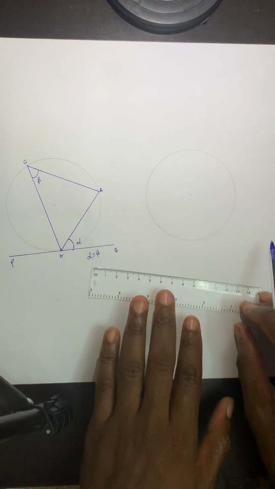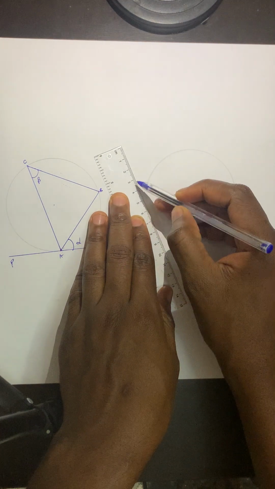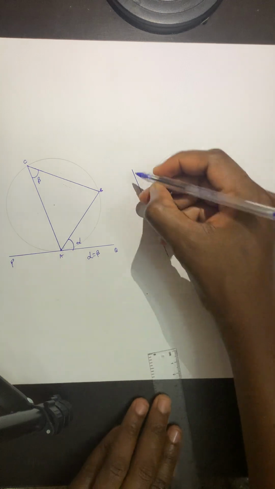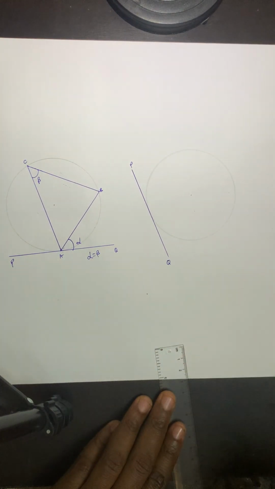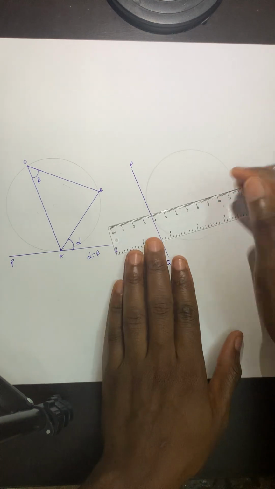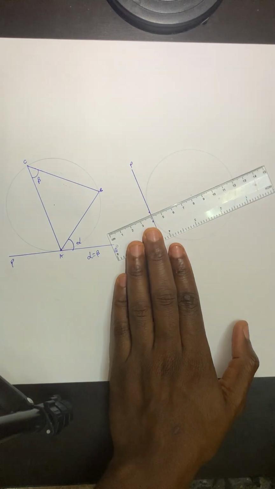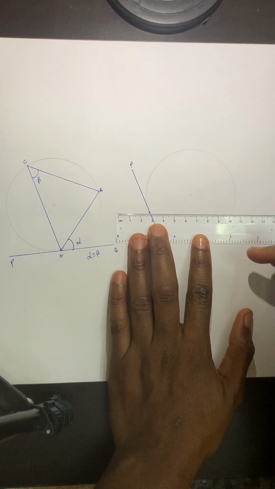Now look at this other example. We have a tangent here. This is PQ. Also, from the point where the tangent hits the circle, I draw something like this.